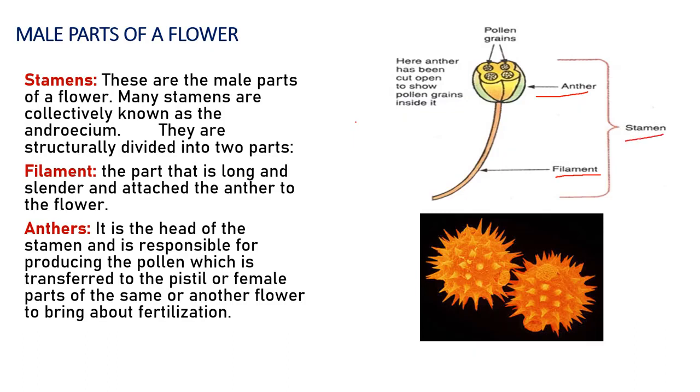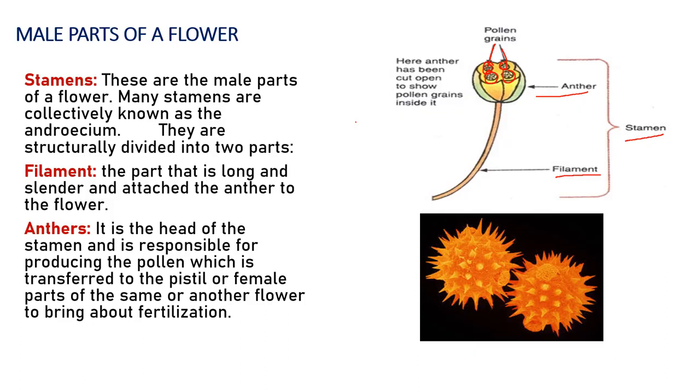In the anther, here you can see there are pollen grains. These are the pollen sacs, four pollen sacs. Inside the pollen sac you can see the dot structures, which are nothing but pollen grains. Pollen grains are usually yellow in color, as you can see, right? And these thorn-like structures help the pollen grain stick to the stigma, right?